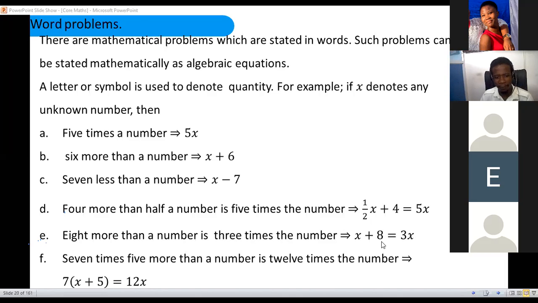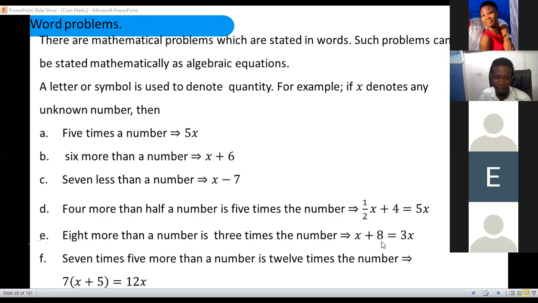So we said 4 more than half a number is 5 times the number. It implies that you have to take it one by one. So let's consider the first statement, 4 more than half a number. That means we have 4 plus half a number.